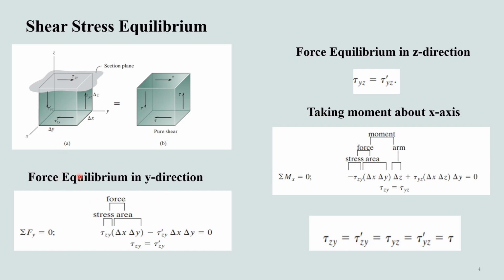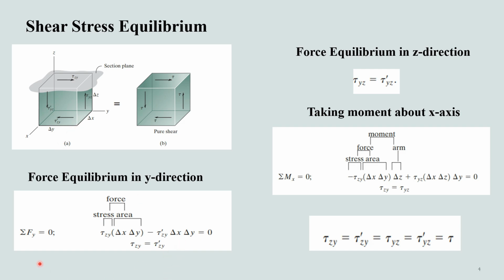Force equilibrium in y direction requires that this tau zy multiplied by delta x and delta y, which are the infinitesimal area elements, must be resisted by this tau zy dash. Similarly, it will be multiplied by the same area elements.